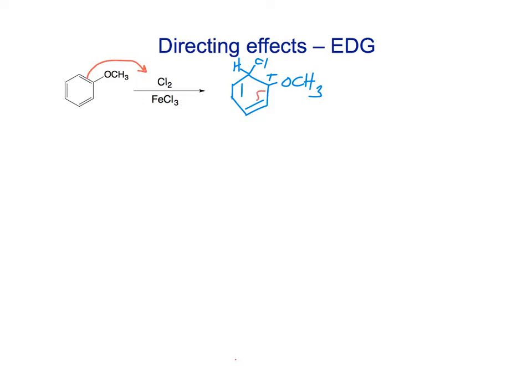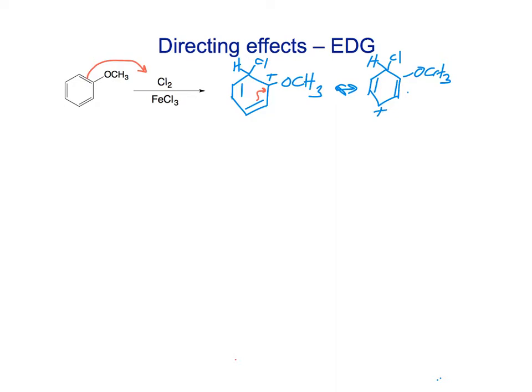So each one has the same type of resonance, and we'll draw some of these out. Right, so if we draw another one here, we have the Cl up here, the H over here, OCH3. We shifted the double bond there, and now we have the plus at this position.